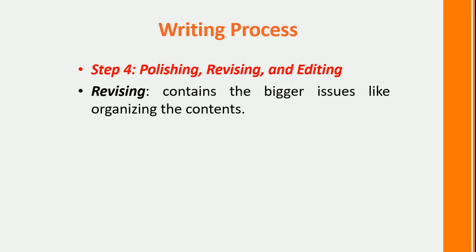So wherever you are rectifying the bigger issues related to the contents, it means you are revising your topic. You organize it, right? In the revising process, we try to organize the bigger issues which are out of the contents, which are not matched with the content. There is a mismatch with the content, so you should fix it in the revising process.